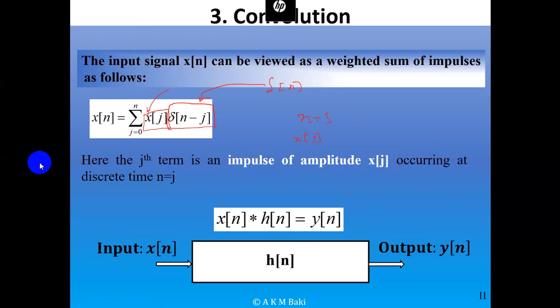It can be 1, it can be greater than or less than 1, or it can even be less than 0, negative. So simply this is the amplitude at that certain instant.